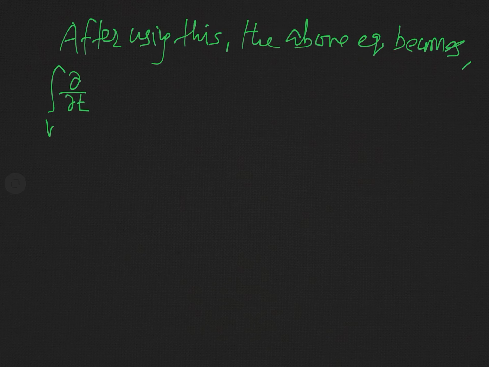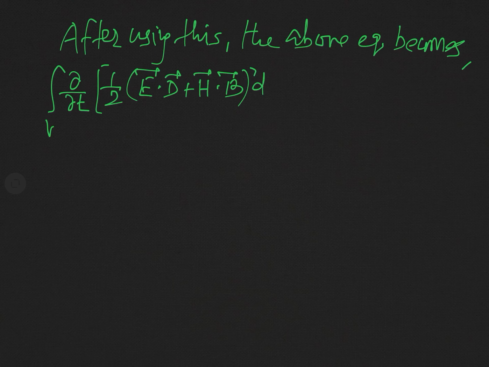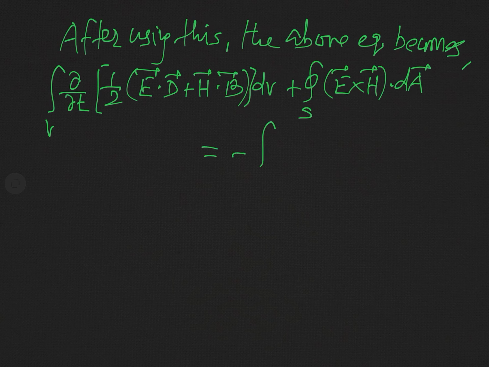This equation will be simply integral over V of del/del t of 1 over 2 (E dot D plus H dot B) dV, and plus integral over S of E cross H dot dA, and this is equal to minus integral over V of J dot E dV.